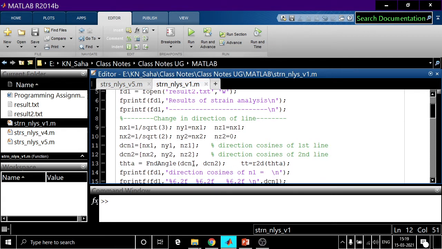So what we are getting here, theta, is the radian value of the angle between these two lines, line 1 and line 2. They are referred by their direction cosines.